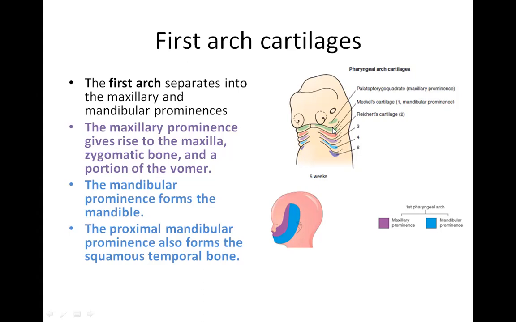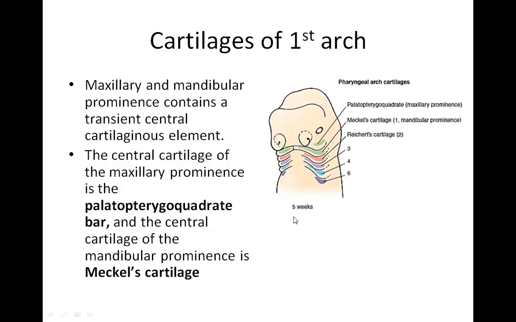The proximal mandibular prominence will also form the squamous part of the temporal bone. So the first pharyngeal arch cartilage will form two prominences, the maxillary prominence and the mandibular prominence. The maxillary prominence will give rise to the maxilla, zygomatic bone, and the vomer bone, and the mandibular prominence will form the mandible and the squamous part of the temporal bone.